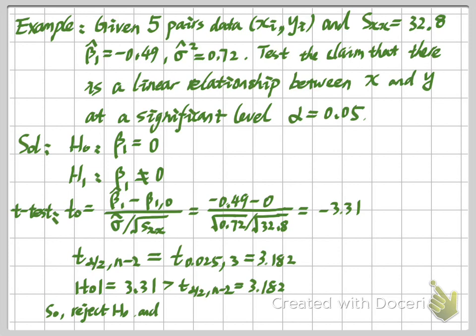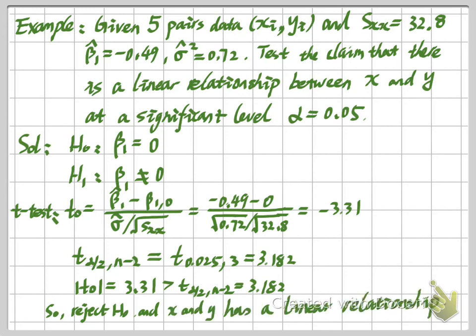When we reject H0, this means the value of beta 1 is not equal to 0. In other words, it can equal some other non-zero value. So here, x and y have a linear relationship.